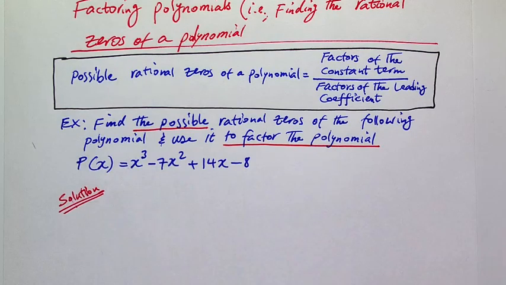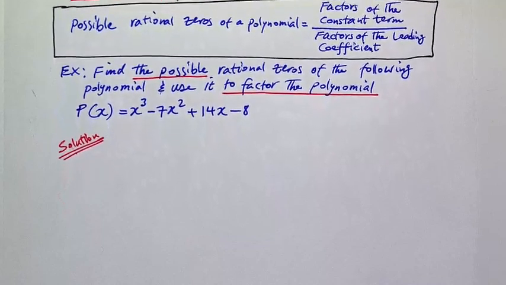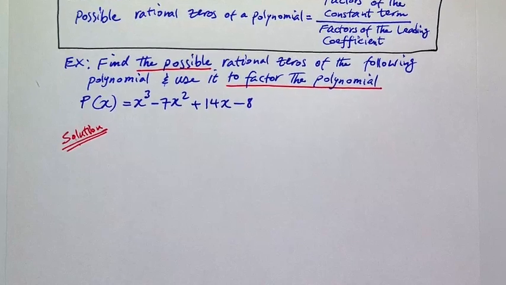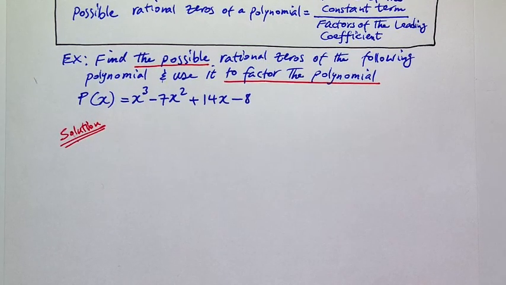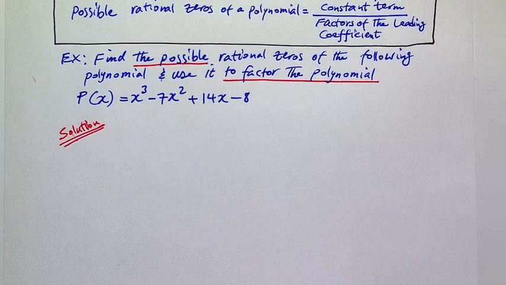That gives us all the possible rational zeros, and then we'll test them one by one, and if necessary, use long division to figure out a factor of this polynomial. As you'll see, when we get to partial fractions, factoring expressions is extremely useful and necessary for the procedure to work.